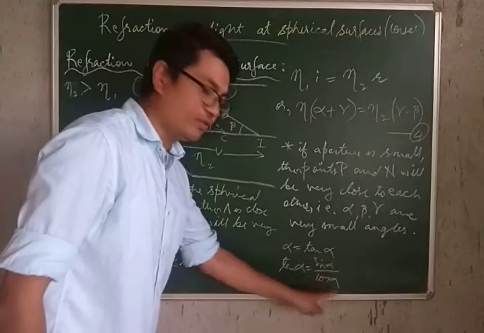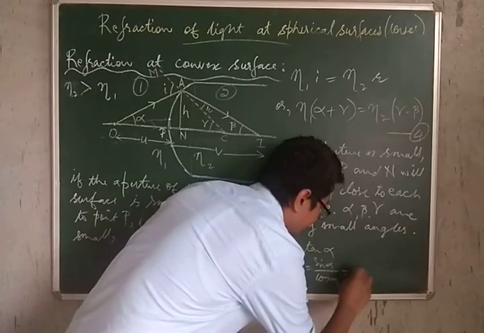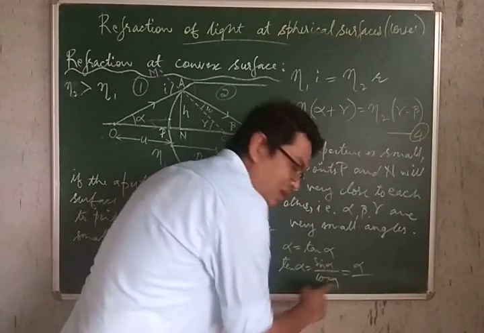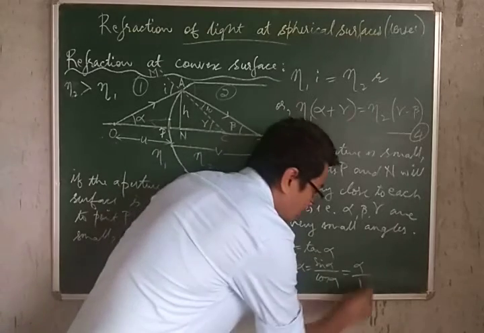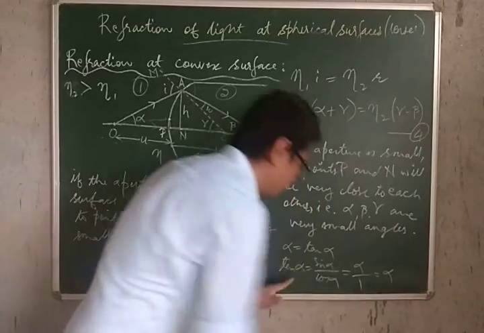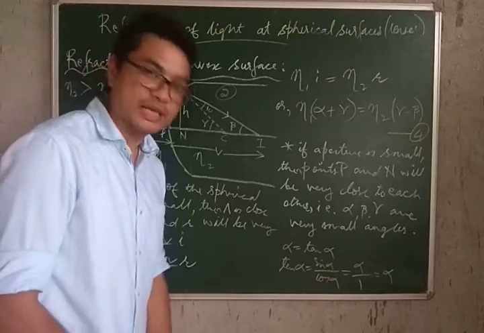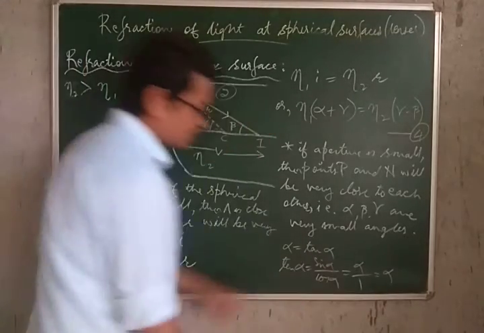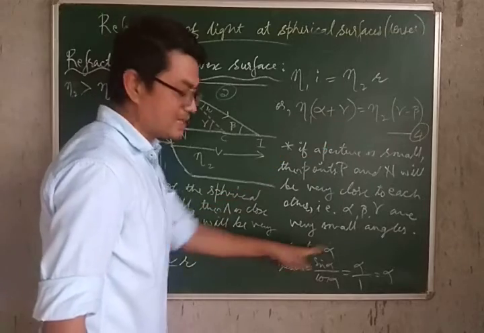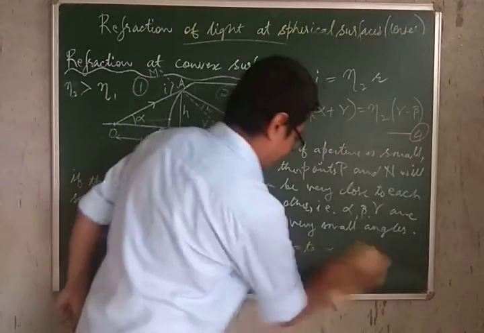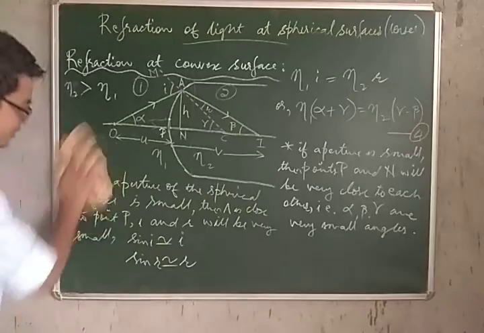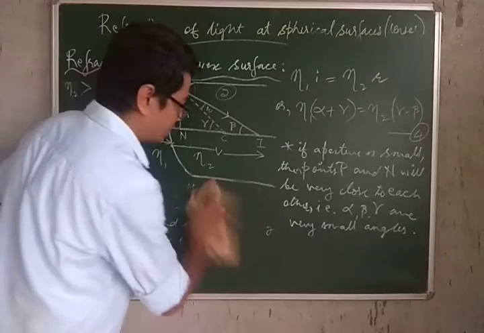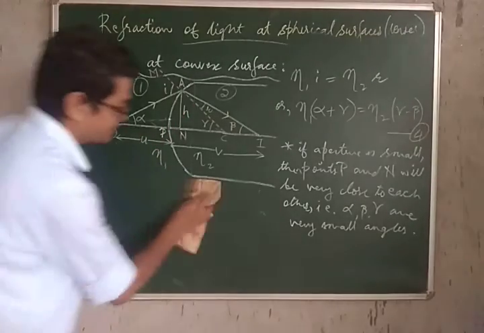Now if the angle alpha is very small, sin alpha is equal to alpha and cos alpha will be equal to 1. So therefore tan alpha will simply be equal to alpha. Remember that. So instead of alpha, we can simply write tan alpha. That is the thing for you to remember. Let me erase this part.